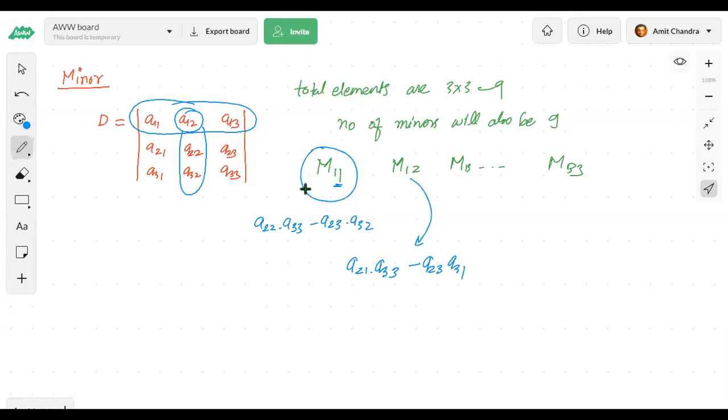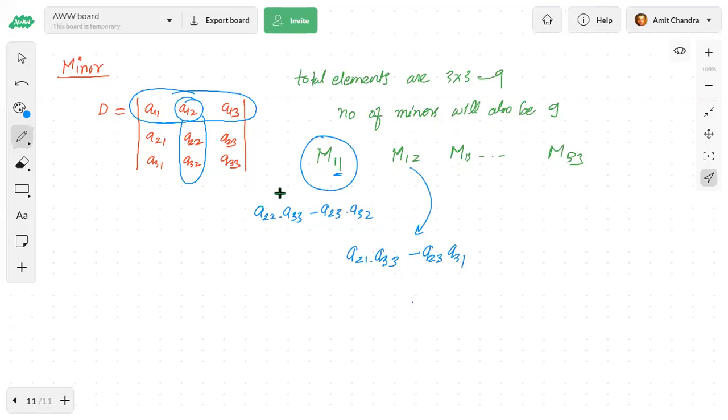The question is why it should always be a square matrix, like cross product. For minor, the total number of rows were 3 and total number of columns were 3.